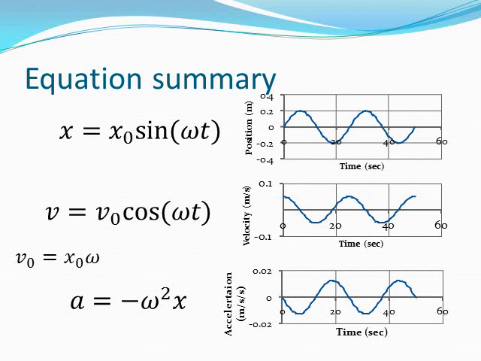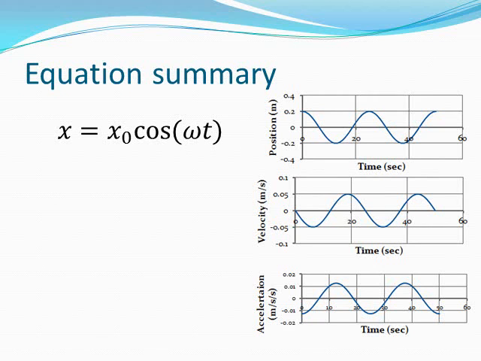However, remember there were two different equations for position. What if the position equation that we had, or function we had for a problem, was the cosine one, not the sine one? What would we do then? Well, let's take a look. If it's a cosine function, what would the shape of the velocity time graph be?